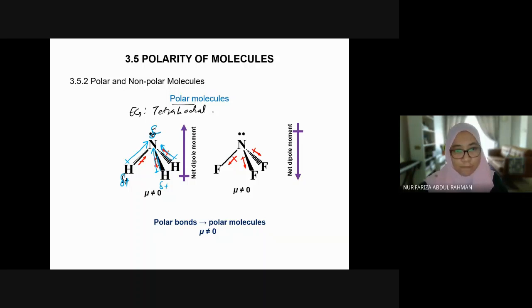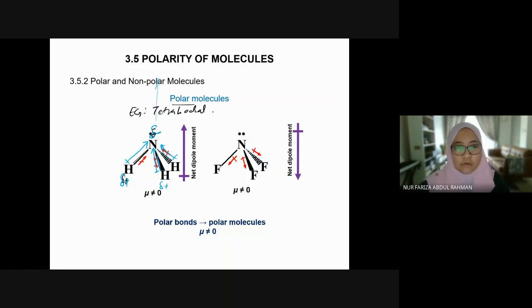Okay, alright, so when you combine these three in this trigonal pyramidal shape, you akan ada the net dipole moment ataupun vector, satu combined vector pointing upward. Betul tak? Naik ke atas. You combine all of this, okay, you akan dapat combined vector up here.